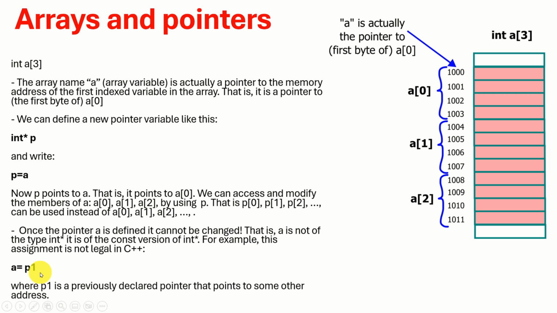Over here, p1 is a previously declared pointer that points to some other memory address. And since A is actually pointing to this address, we are trying to reassign A to point to some other address that's being pointed by p1, and this is illegal. That is, you cannot reassign A to point to some other memory address. And always keep in mind this.